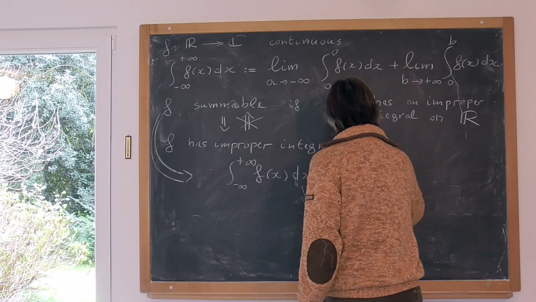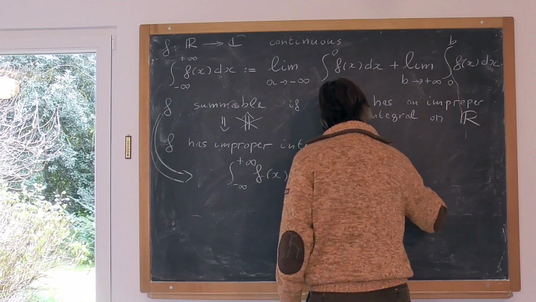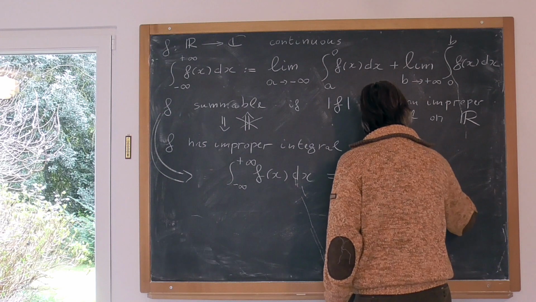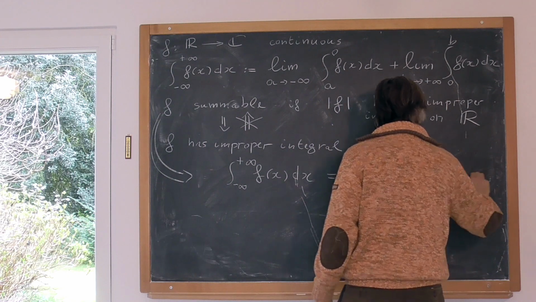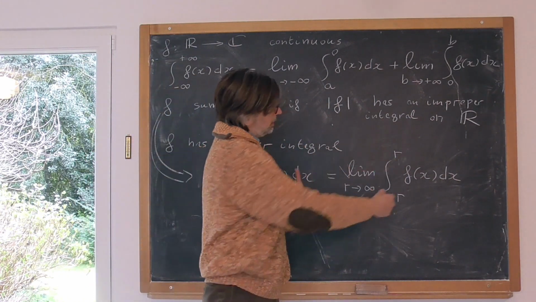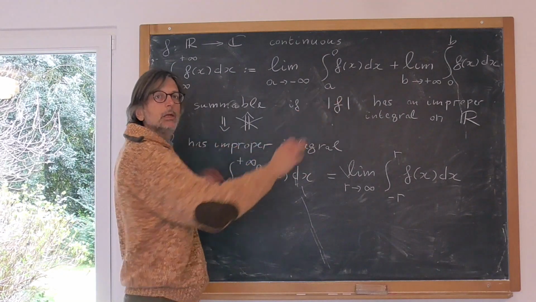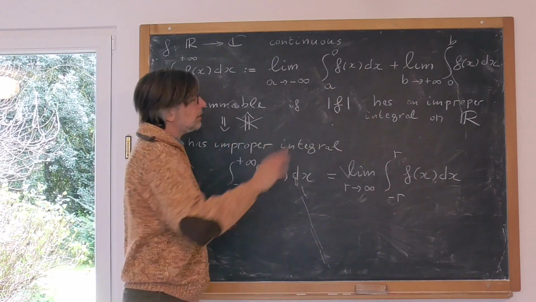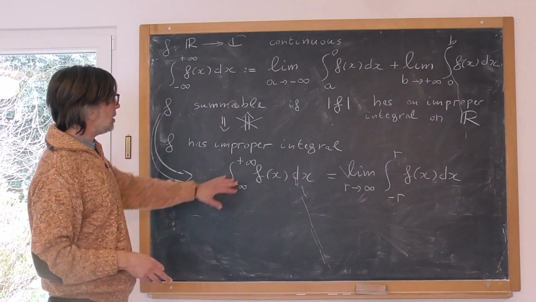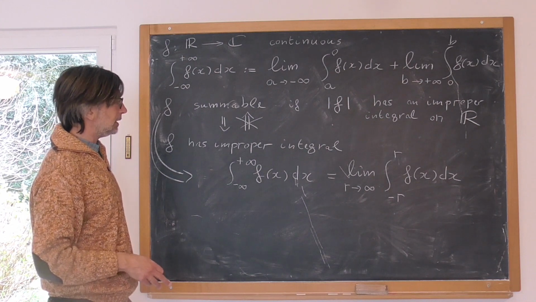This is the limit as r goes to infinity of the integral from minus r to r of f of x dx. So we can integrate on this symmetric interval centered at 0 and then let the size of the interval go to infinity.